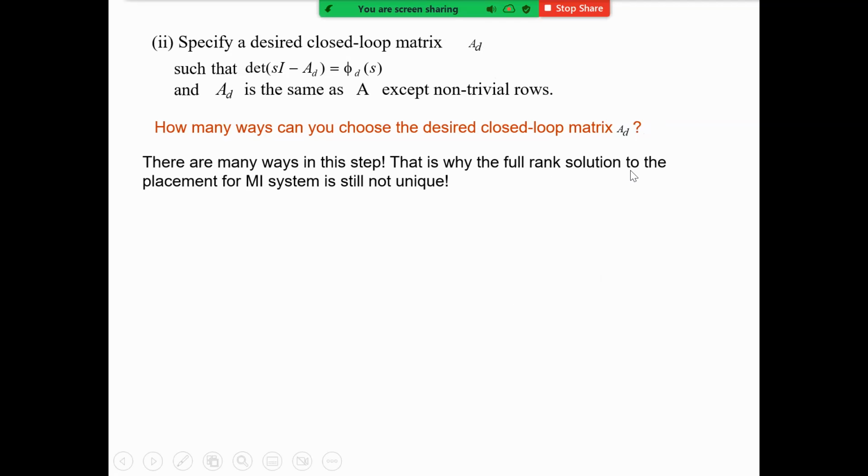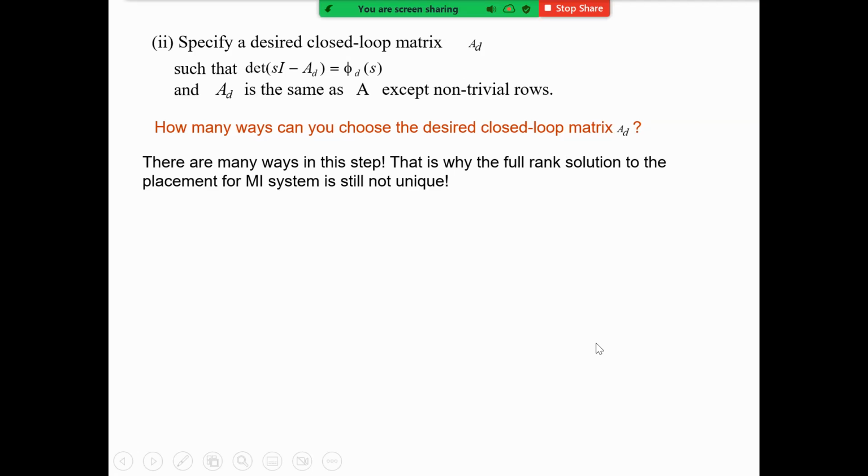Therefore, even if you use the same pole method but a different way to get the desired controllable canonical form, your step responses will be different. That's why, when you try to meet the performance requirements, not only the desired poles matter, but also the way you specify your closed loop matrix.